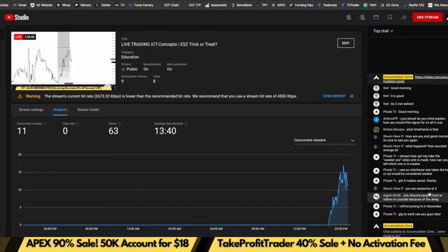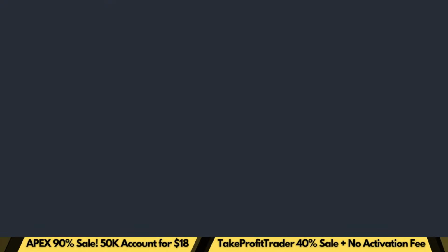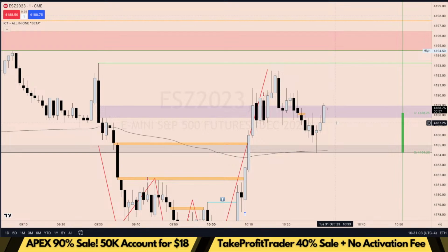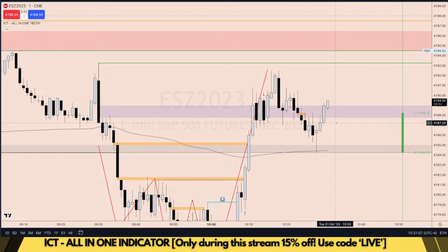TradingView, ES. Do we get some order flow? I will wait. Still playing with this level.